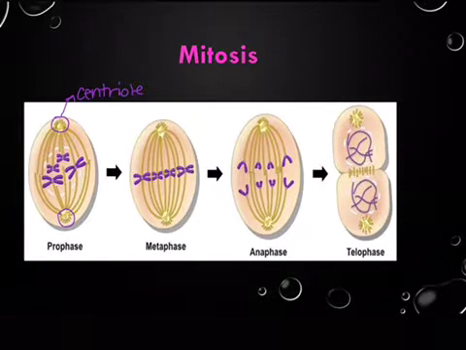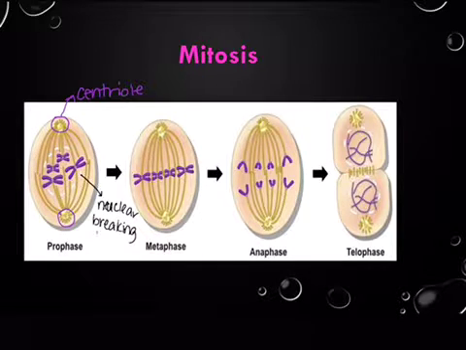Then you can see that we've got these white dashed lines. That is the nuclear envelope. And it's dashed because it's breaking down. These spaghetti-like noodle-looking structures, those are the spindle fibers.